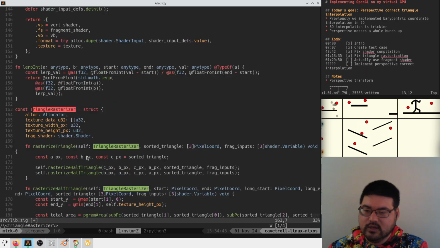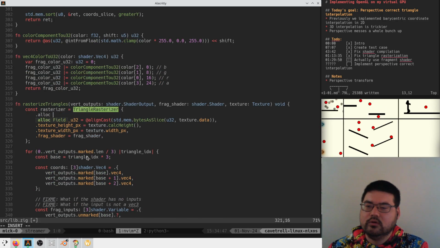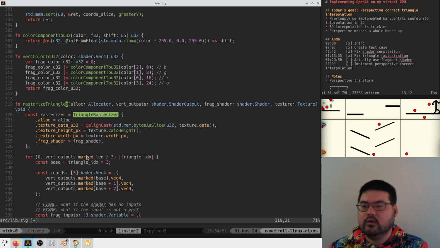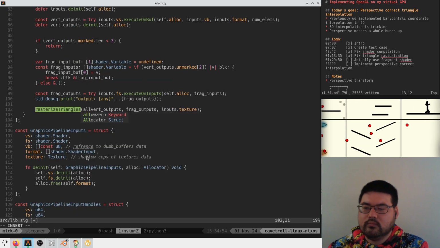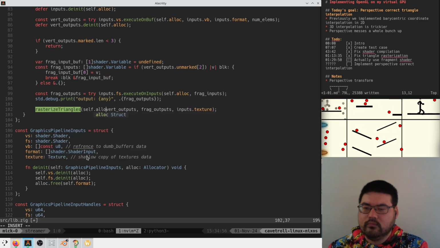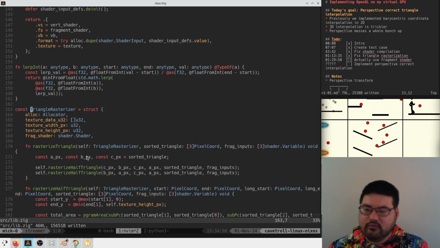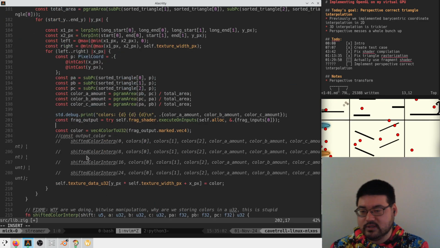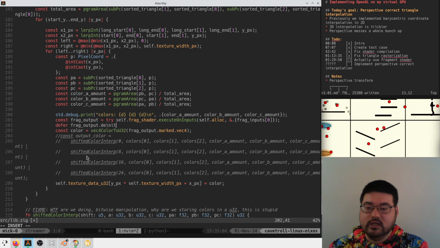So we can just do this, which means that we have to pass an allocator here. And presumably if we're allocating something, that means we have to free something. Almost certainly. So here, probably it's defer frag output deinit or something.